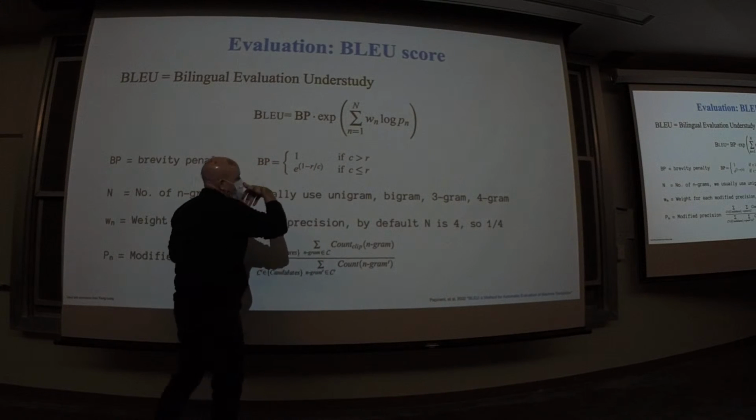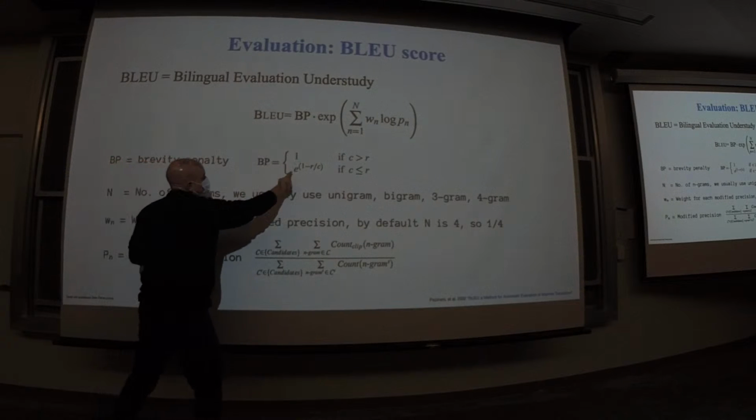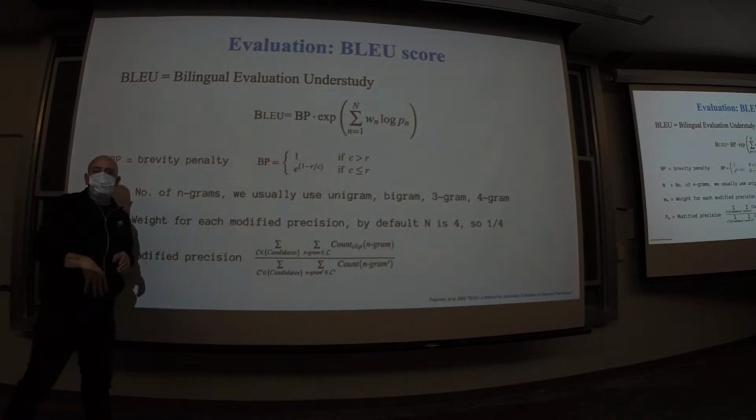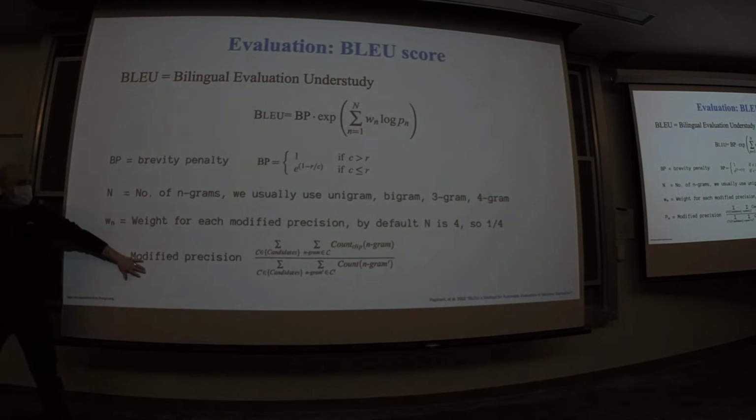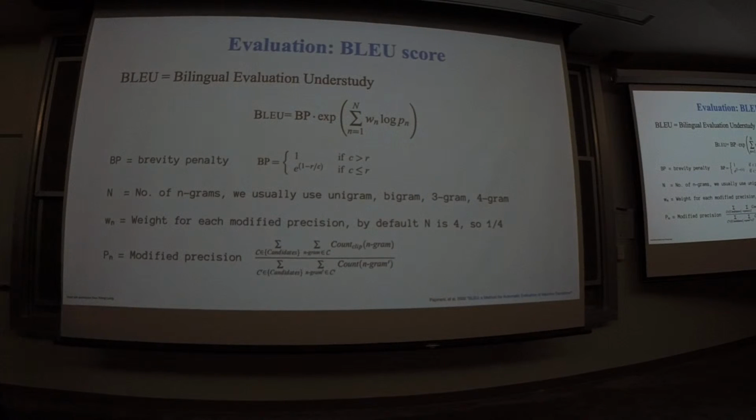So if the translations are quite large, this is going to be quite small and really reduce my score. It's a way of penalizing translations that just produce all the n-grams, for instance. That would get the highest score. We'd have ones for all these, they'd all be great, but that's not what we want.